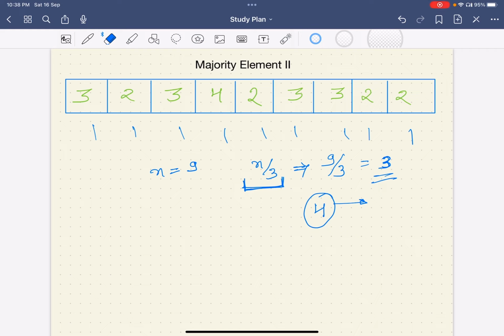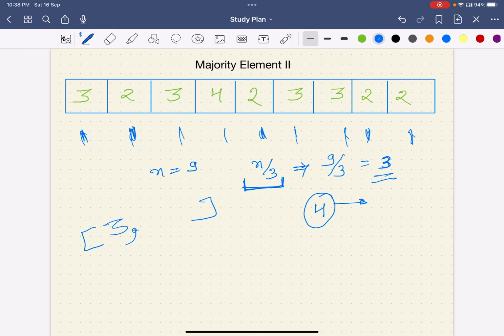If you look at the first element, which is 3, 3 is present 1 time, 2 times, 3, 4 times. So in our result, 3 will be one of the answers. 2 is present 1 time, 2 times, 3 times, 4 times. So this is also present 4 times, so 2 will also come.